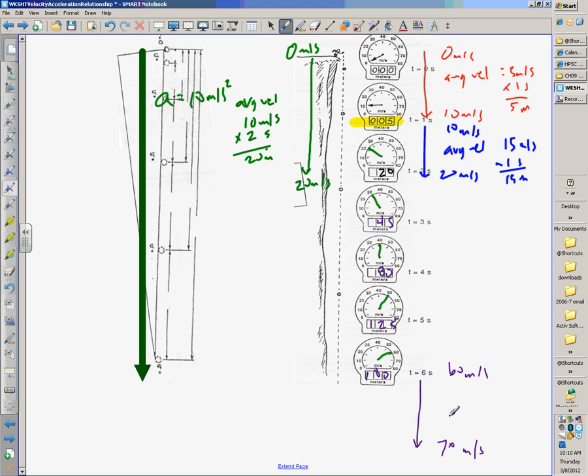So that means that the average velocity during that time would be what? The average velocity would be 65 meters per second. How much of a time frame are we talking about here? 1 second. So that means that it went 65 meters during that second.